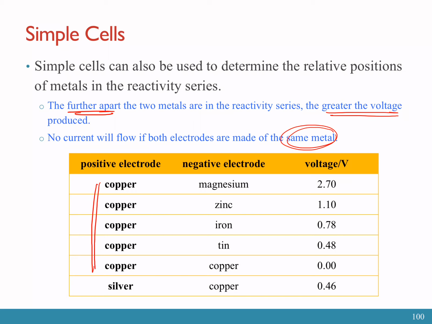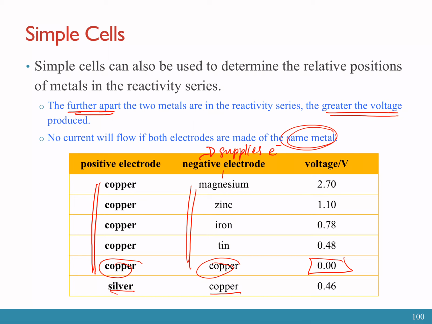If your positive electrode is copper, your negative electrode is always the more reactive metal. Now, if you have copper versus copper, there's no voltage. Whereas if we compare silver and copper, copper being the more reactive, it will become the one supplying the electrons. Remember that the negative electrode is the one that supplies electrons.